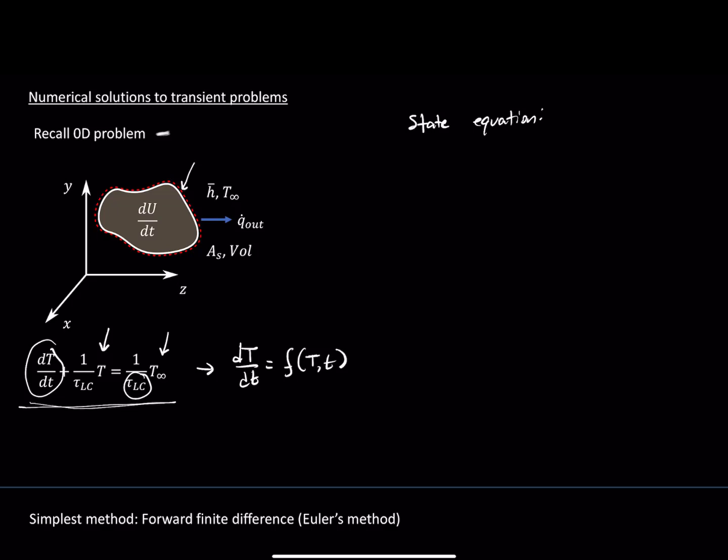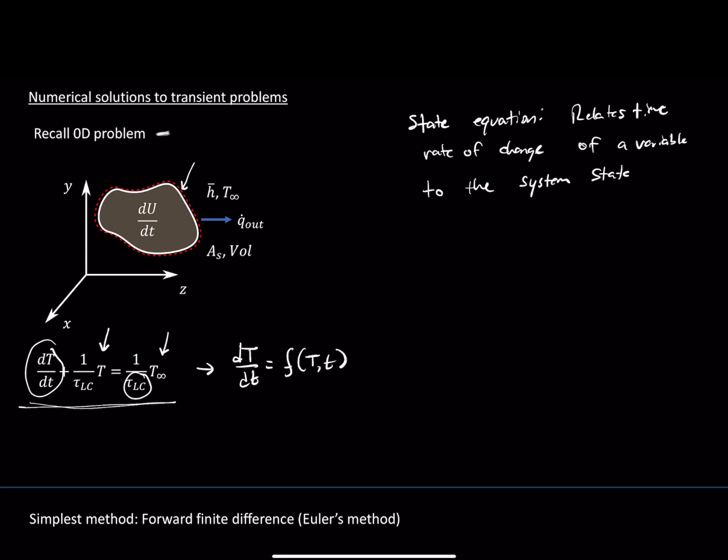A state equation is an equation that relates the time rate of change of a variable, in this case temperature, to the system state. By state, I mean the current temperature. So it relates the time rate of change, dT/dt, to the system state, which is the current temperature and the current time.